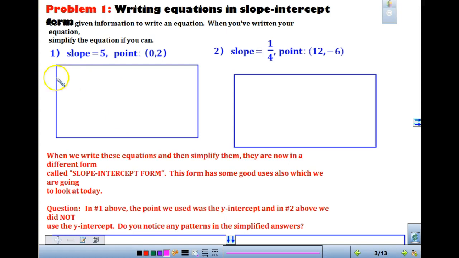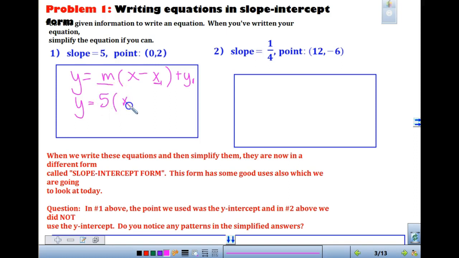So, using this given information, they ask you to write an equation like we did today. The form of the equation that we're using is y equals m times x minus x1 plus y1. So if I'm starting this equation, I would have y equals 5.